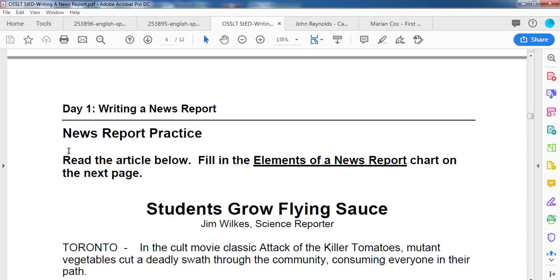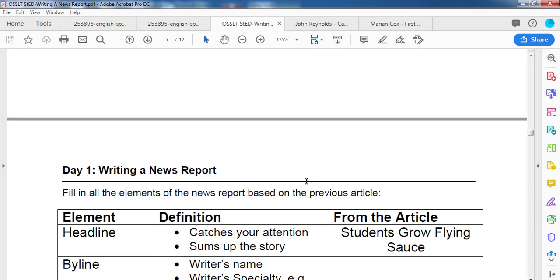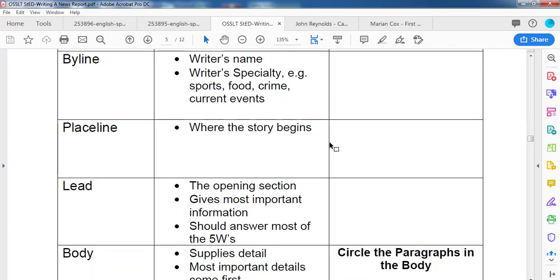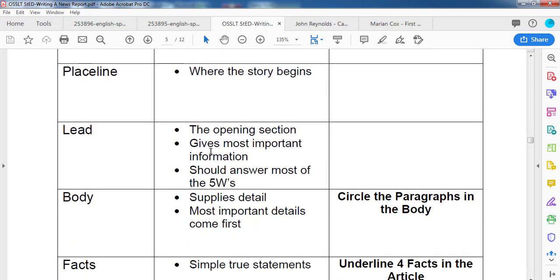We will try to analyze the newspaper report. We will try to take those things and put them here in the gaps. The byline, what's the writer's name? What's the writer's specialty? The place line, where the story begins.